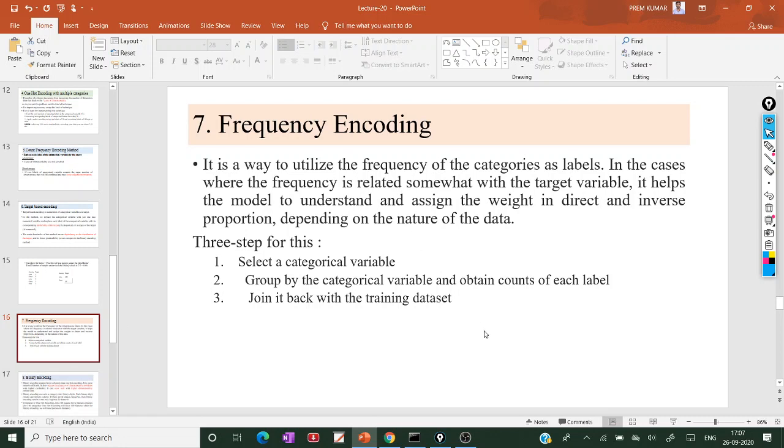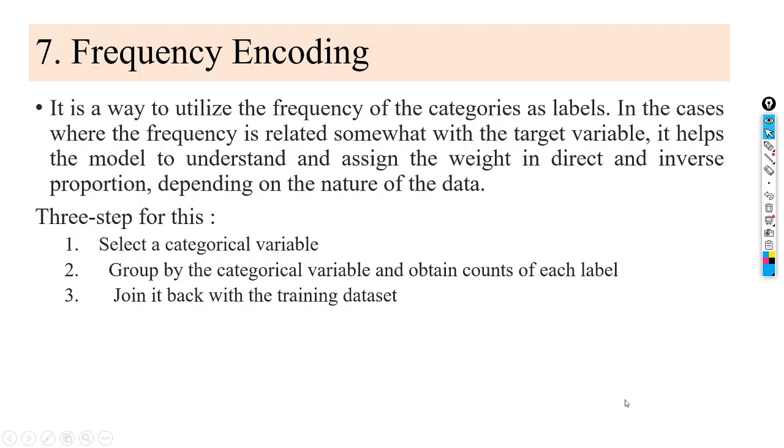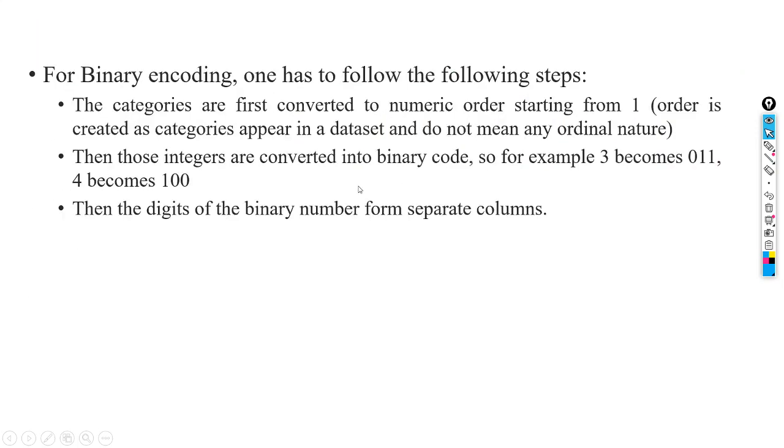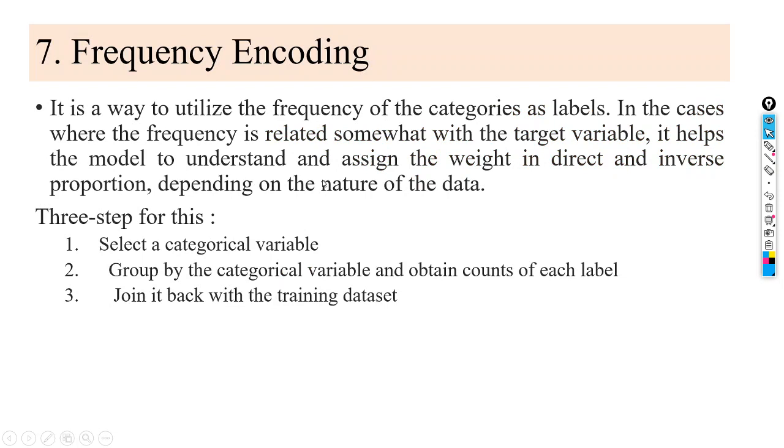Next, frequency encoding. This is similar but with a little bit of difference. It is a way to utilize the frequency of the categories as labels. In this case, the label frequency is related somewhat to the target variable. This technique is related to the previous method, target-based encoding, but with a little variation.